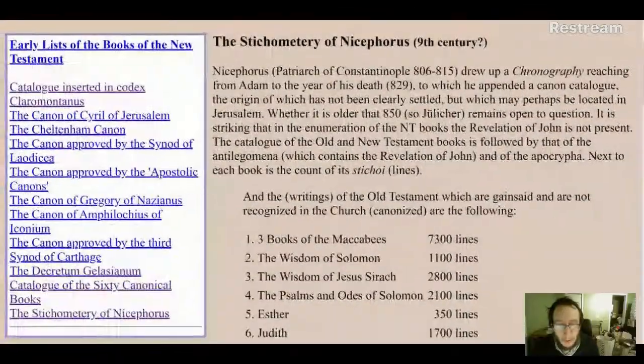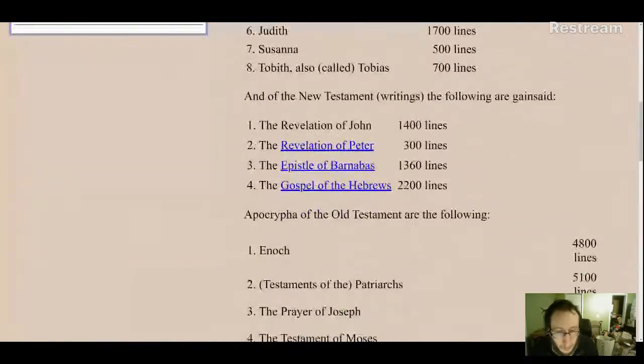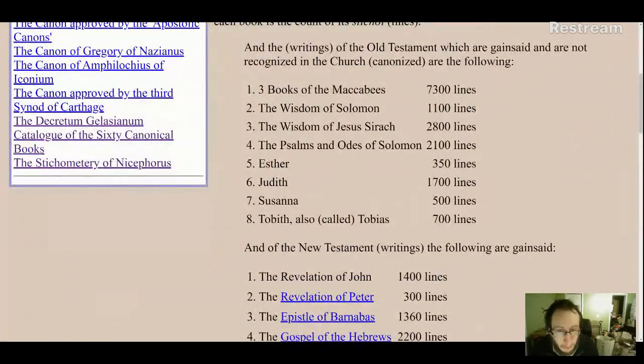In the stichometry of Nicephorus, stichometry means a list of how long certain documents are by lines. So it gives the lines, for example, of the books of the Old and New Testament, the standard books, but it also gives books of Apocrypha.